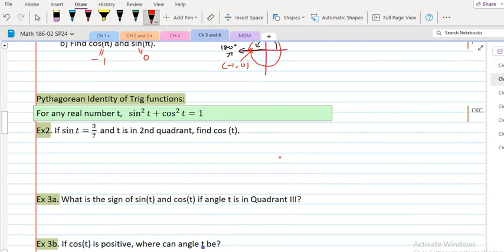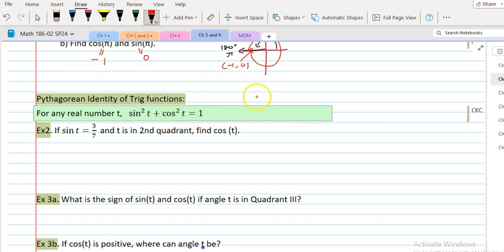What about other angles? Before we do the other ones, let's look at some interesting things between sine t and cosine t. There is an identity called the Pythagorean identity, where sine t squared plus cosine t squared is equal to 1. Why?